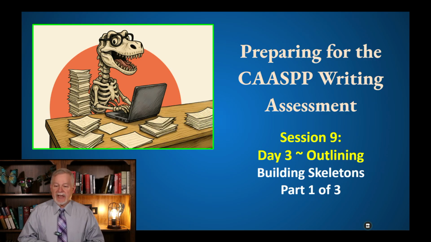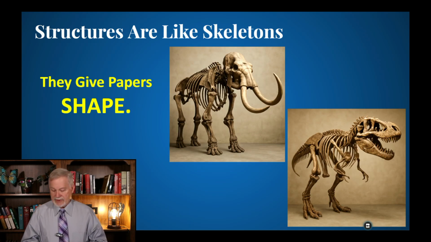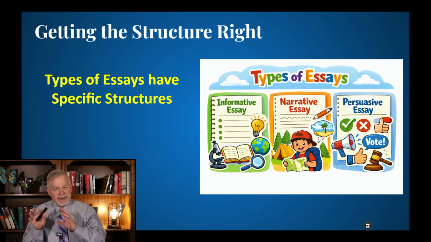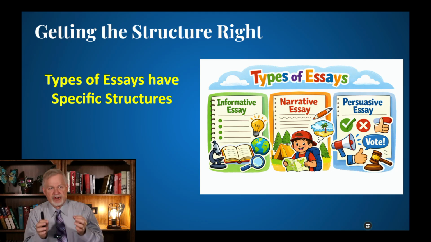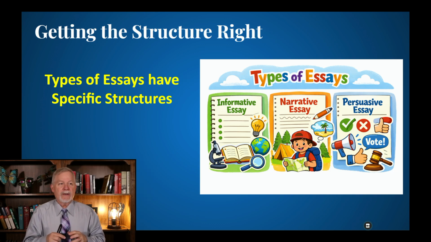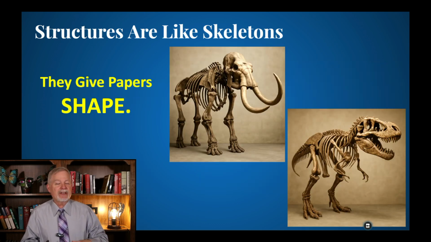Outlining has different types of structures. Structures and outlines are very similar. Each essay type has its own unique structure or outline or framework. I like to call them skeletons.